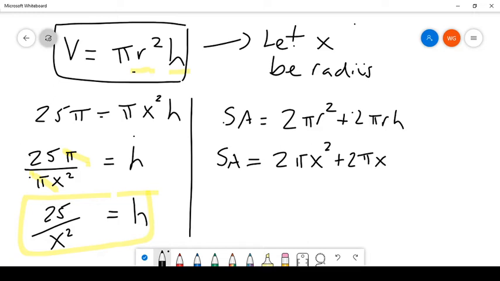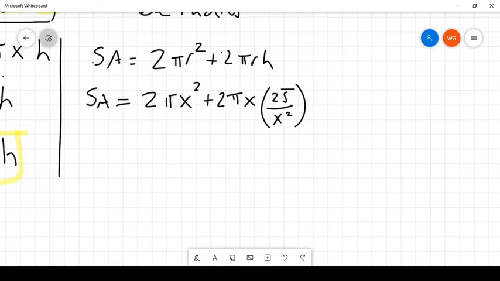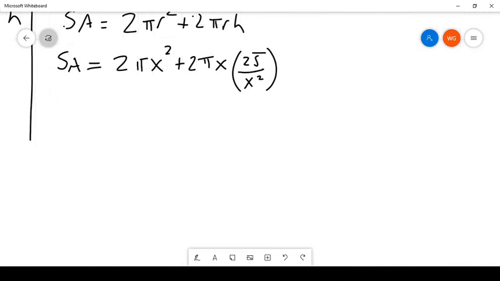And remember what h was? h was 25 over x squared. Okay, this is the unsimplified form of the function that we're going to need to derive and optimize. Okay, but before we get to the process of actually optimizing it, let's go ahead and simplify it.